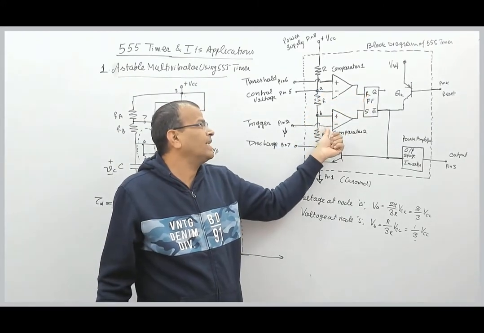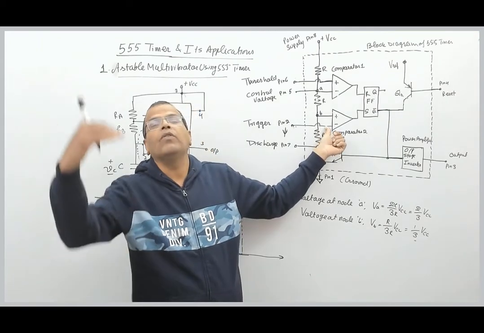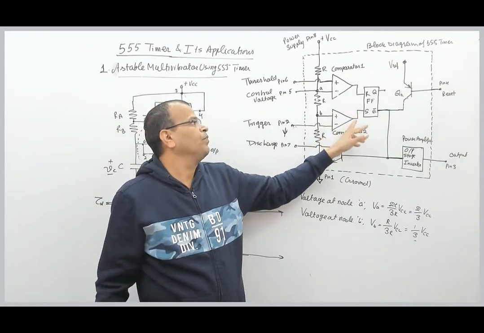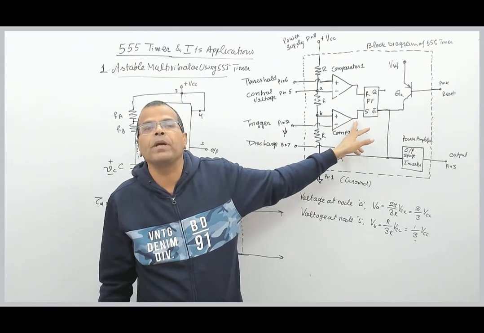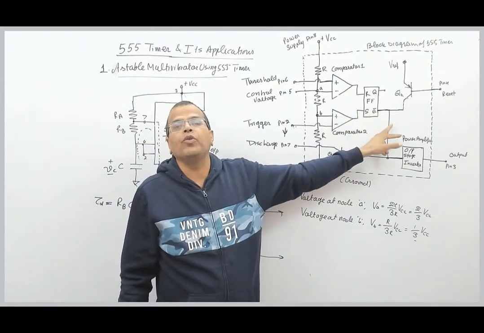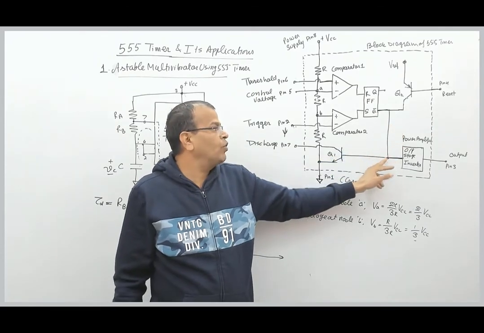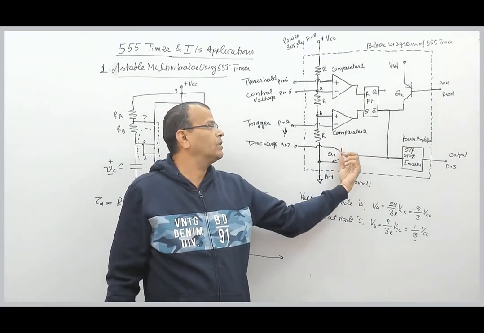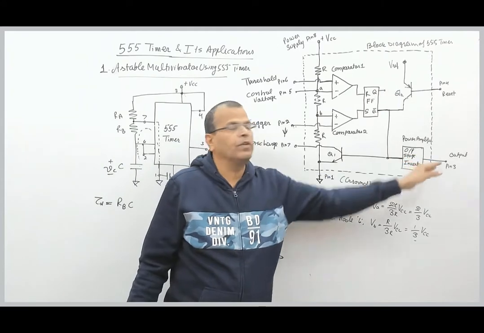But when voltage falls below VCC by 3, the output of this comparator becomes high. The moment output of this comparator becomes high, Q bar becomes low, and Q bar becomes low means this transistor is turned off and output of the circuit becomes high.